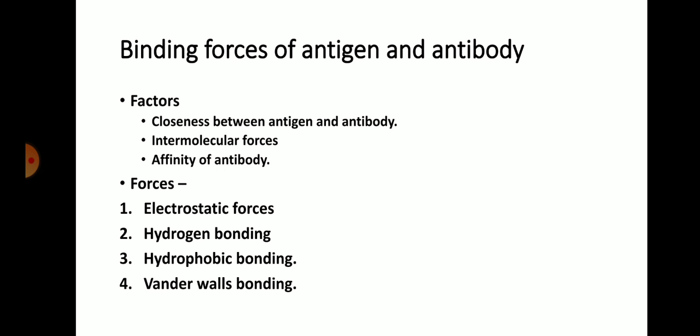Also, there are intermolecular forces, because they have structures capable of producing the immune complex through the lock and key mechanism. Antibody and antigen have structures similar to each other, so they produce intermolecular forces which attract them towards each other and form the immune complex.